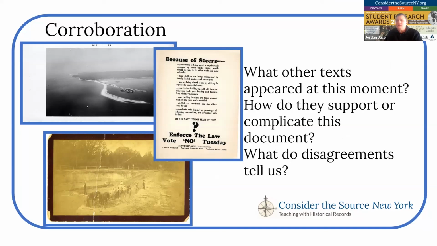So that's the more complex part of the historical analysis and the historical thinking skills: how do I take these multiple pieces of information and make an argument with them? So here you have workers working in the sand mine.